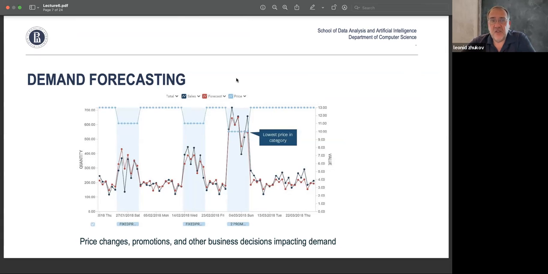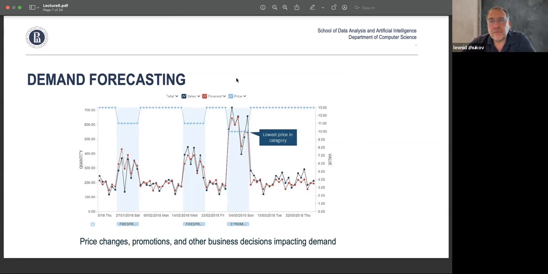Those factors could be price changes, and you need to understand how the price change will affect demand. It can be weather forecast, because depending on if it's cold or hot outside, obviously demand, for example, for cold drinks or beer will change. Large sporting events, etc. So all that changes demand.